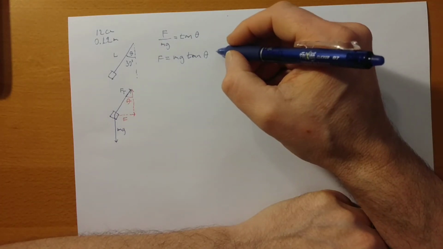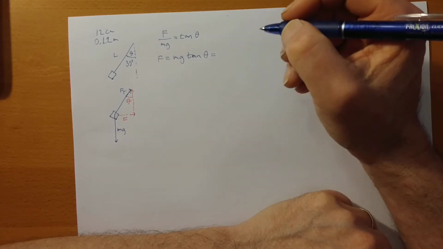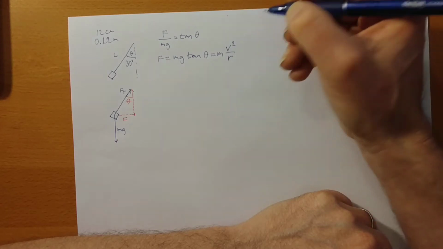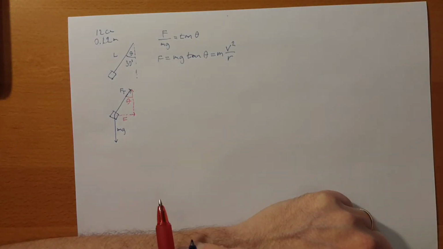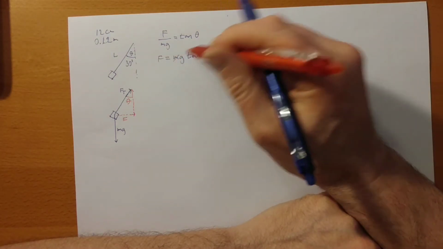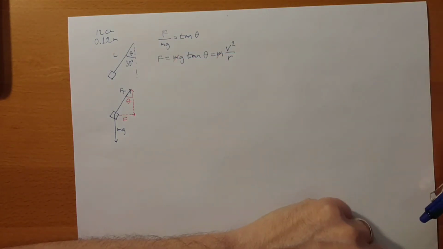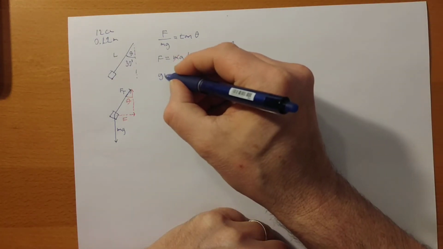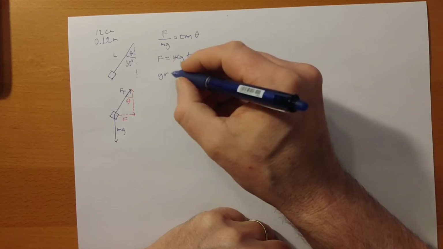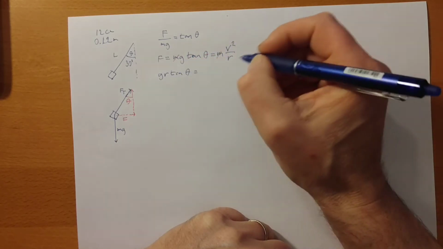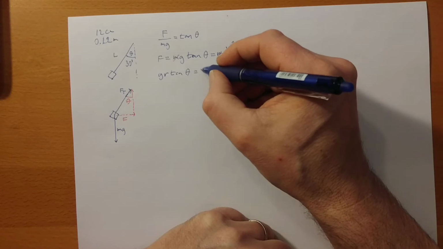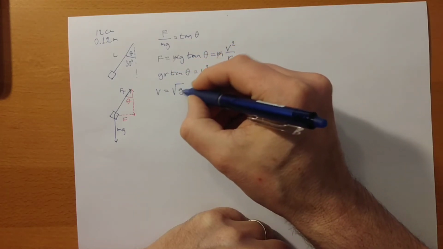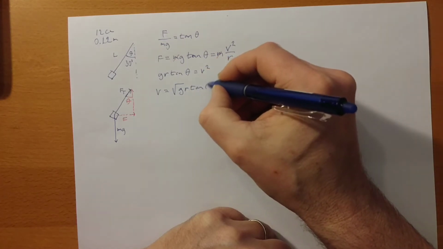So we can write the formula we had for the centripetal force. That was mv squared over r. And we can simplify something here, right? We can multiply the r up here, so that will give us g r tan of theta equals v squared. Square root of both sides will give us that the velocity equals the square root of g r tan theta.